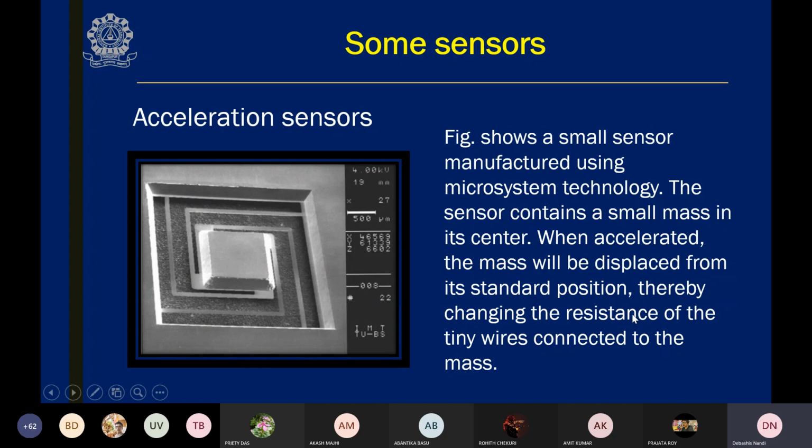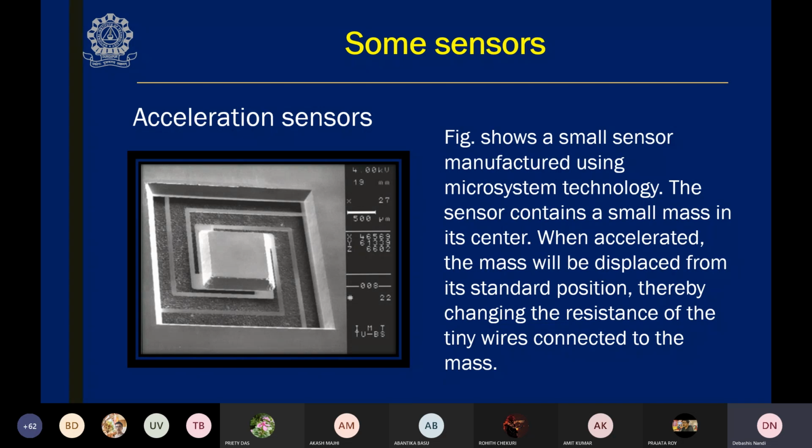Due to this displacement, the value of the resistance will change, and when the resistance changes, the voltage across the resistance will also change. Therefore, it will measure the existence of acceleration. It can sense whether acceleration is there or not.